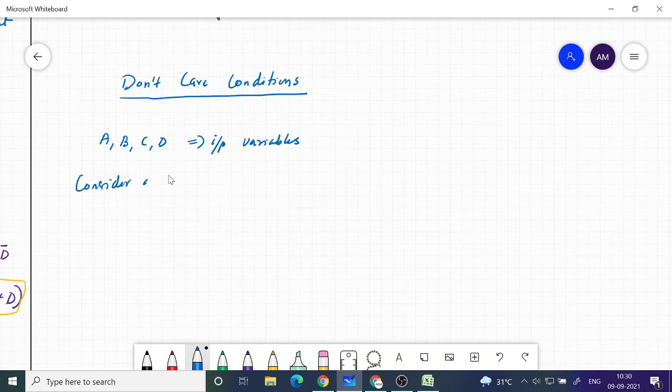The input is basically a decimal digit, and we will use the 4-bit binary code to represent the decimal digit, just like we have seen earlier, BCD, binary coded decimal.